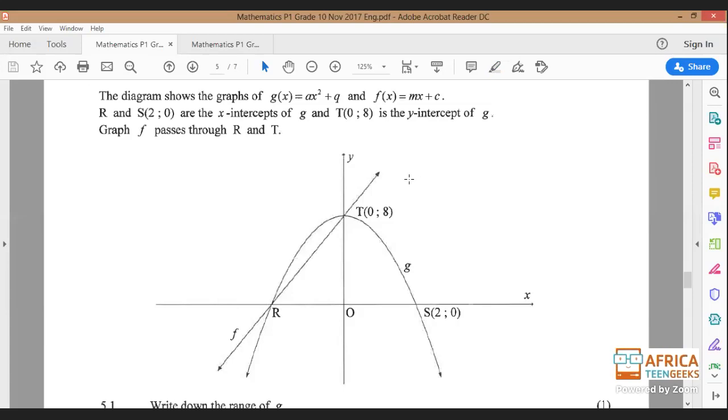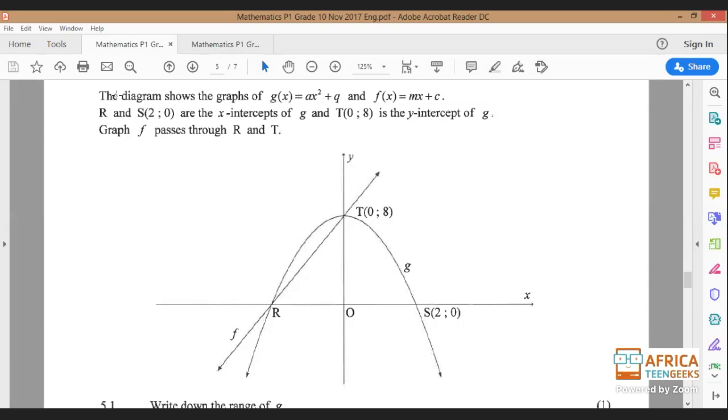Bear in mind that the straight line graph, you've dealt with it from grade 9, is the one that says y equals mx plus c. Your parabola graph is the graph that you started with in grade 10. Remember, if your parabola has the sad face, your a is always negative. If your parabola graph has the happy face, your a is positive.